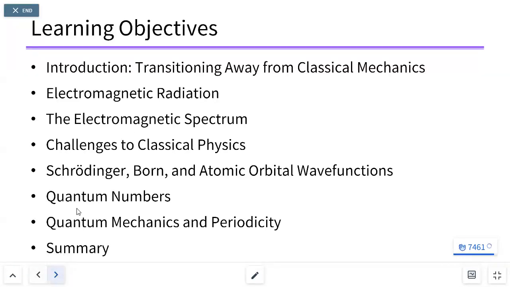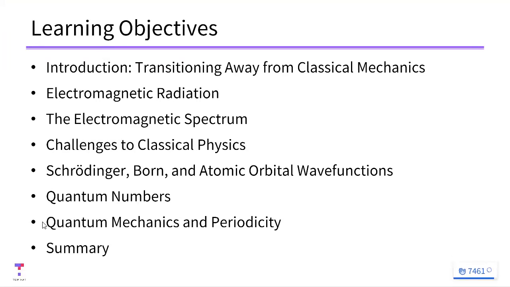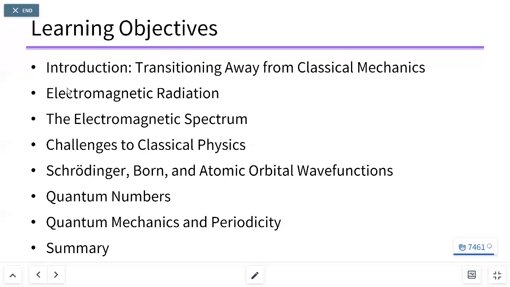So overall, there's a lot in this particular module. For today, we're going to focus primarily on these first 3 ideas, talking about the electromagnetic spectrum, light, frequency, wave theory, some classical mechanics.